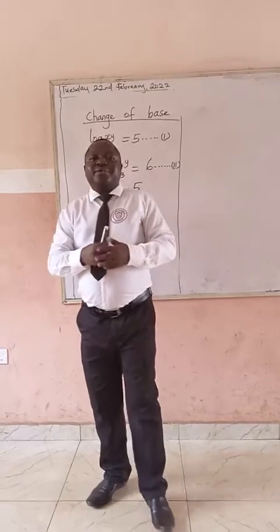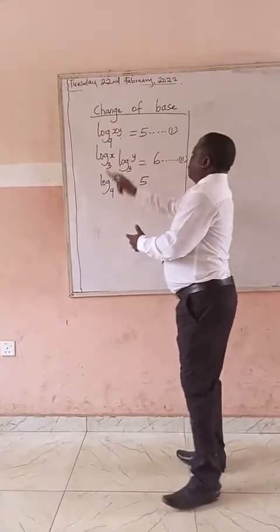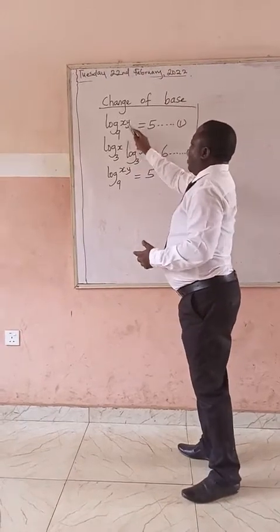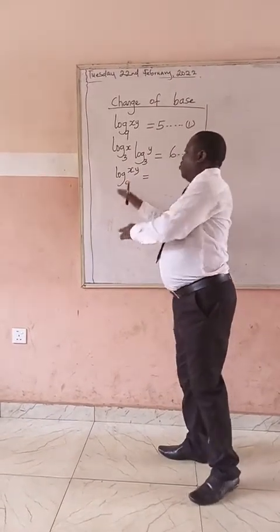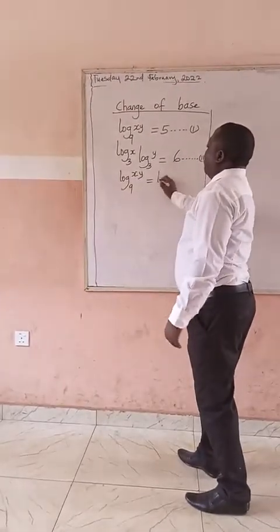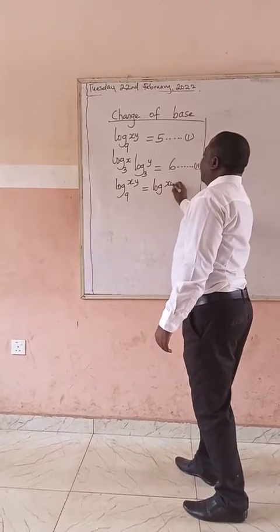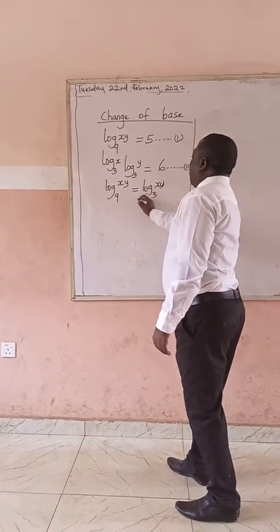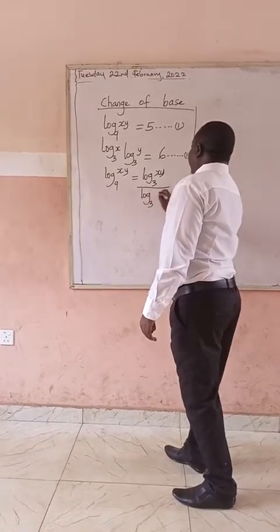So according to the principle of change of base, logarithm of xy in base 9, I want to change this base to 3. So this can be written as logarithm of xy in base 3 all over logarithm of 9 in base 3.